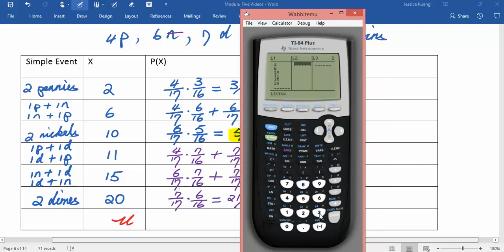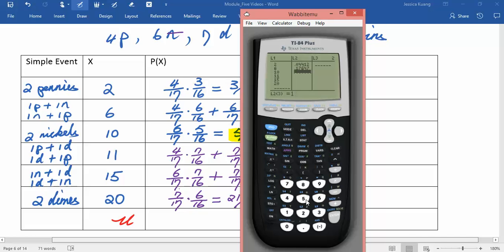So the first one will be 3 over 68. 3 over 17. Now when you enter the fraction, please make sure you double check, because once you press enter, notice it returns a decimal for us. So it's a little bit difficult for us to go back and make sure that we enter everything correctly.